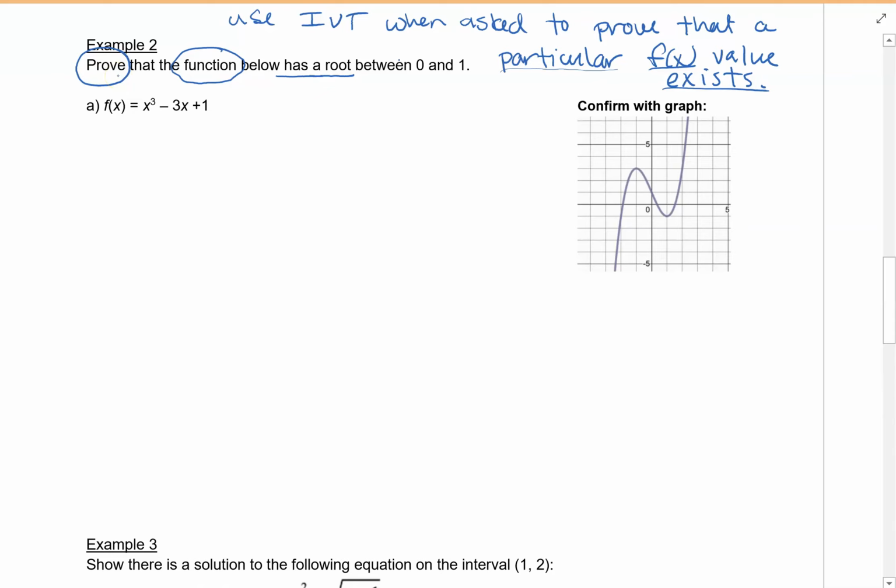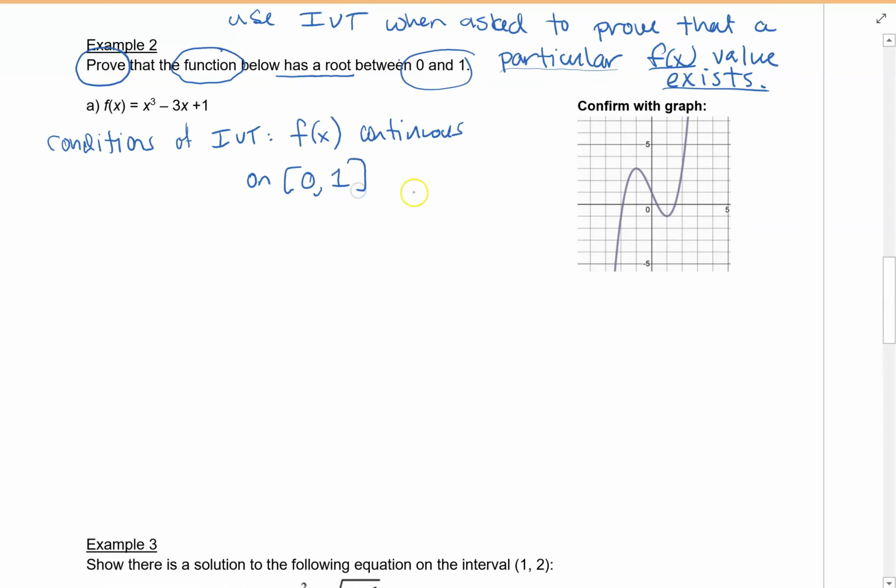So how do we begin to do that? First, we look for the conditions of IVT, which is that f of x has to be continuous. In this case, the interval is 0 to 1, so that's my x interval. It has to be continuous on that interval.